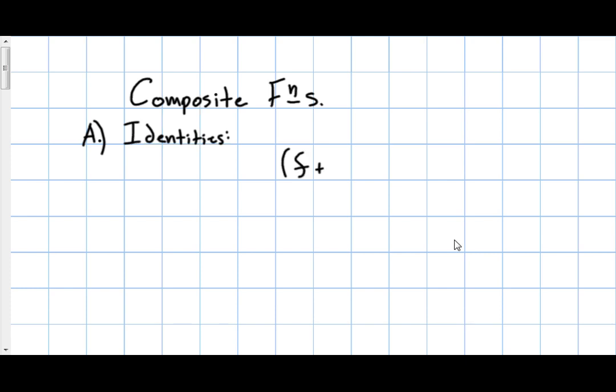So I've got f plus g of x equals f of x plus g of x, and that's just if I'm adding two functions together.